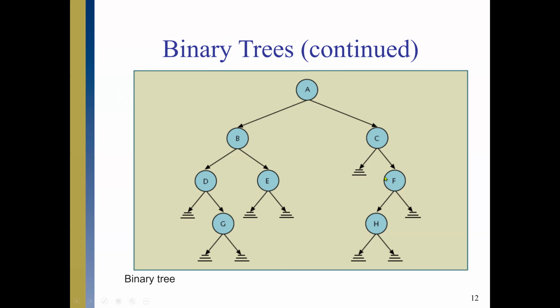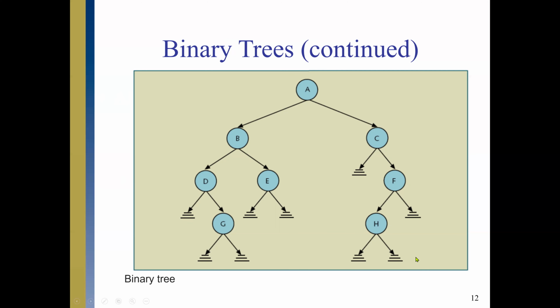The same thing applies to F, which has 1 child, H, and H has no children. And this is a small example of a diagram. So all of these are binary trees because when we look at each node, it either has no child or 1 child, and at most not more than 2.